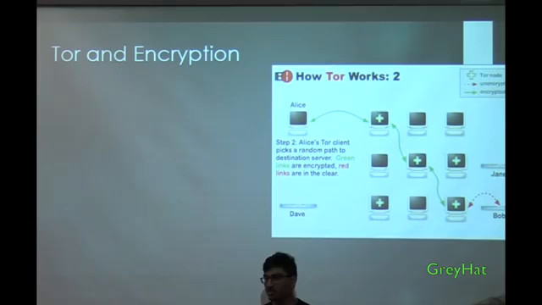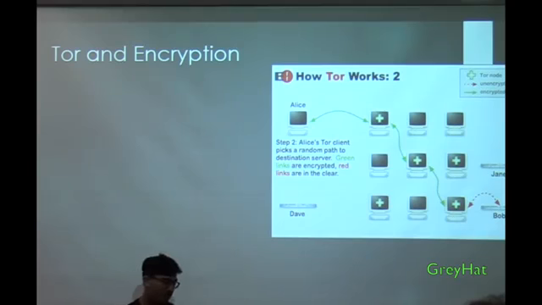But then when it gets to the last hop, it's going to be decrypted to plain text, and that plain text is going to be traveling through the internet to Bob's server. So Tor kind of encrypts your traffic, but not completely. And the reason why it doesn't encrypt the last hop is because the web server still needs to be able to decipher whatever you're trying to send it.